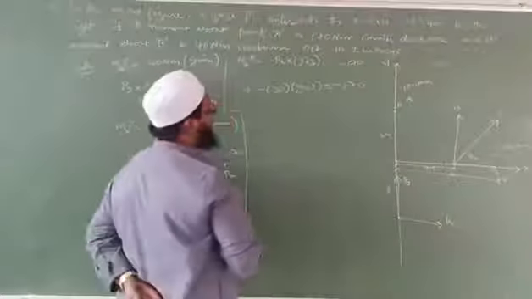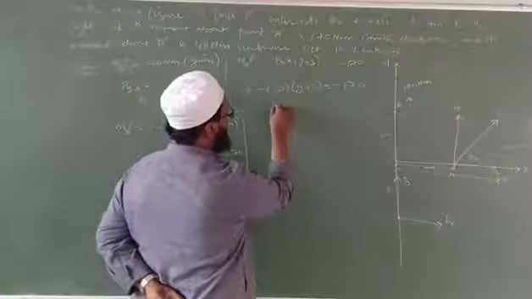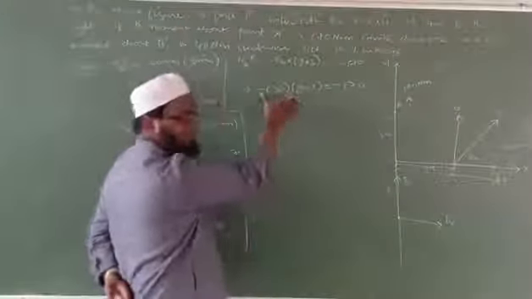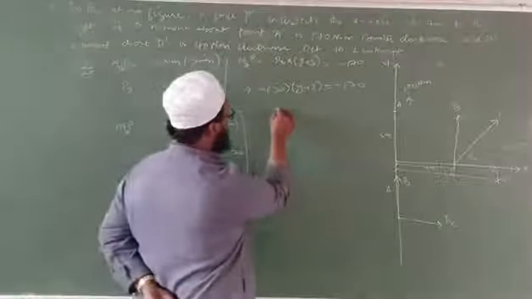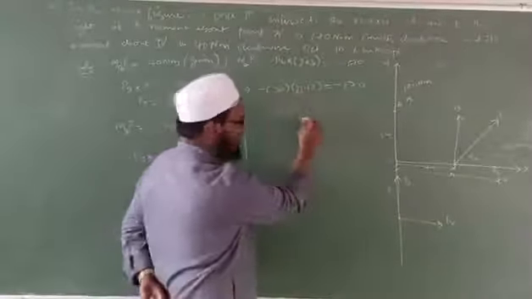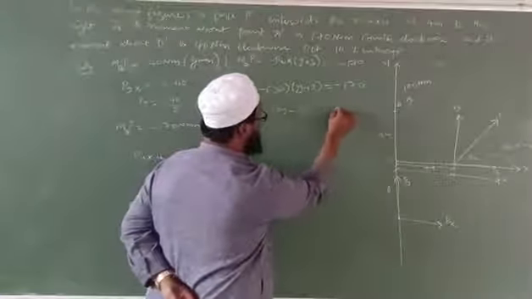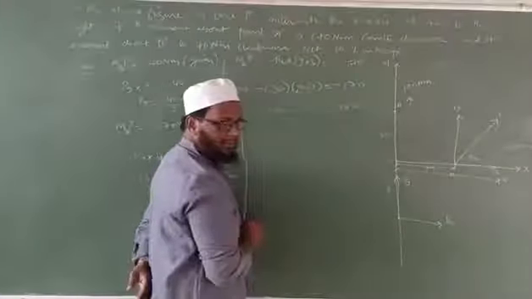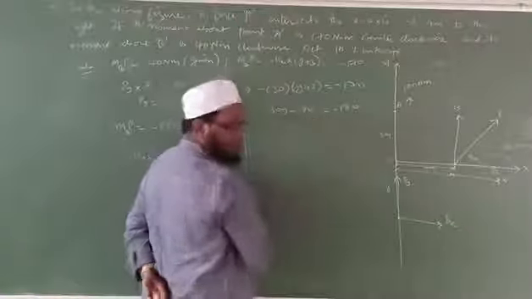Okay, so what we can do here, we'll try to open this bracket. Minus 30y minus 3 into 3, 9, minus 90 is equal to minus 170. Okay, so I will send this term towards the right hand side.